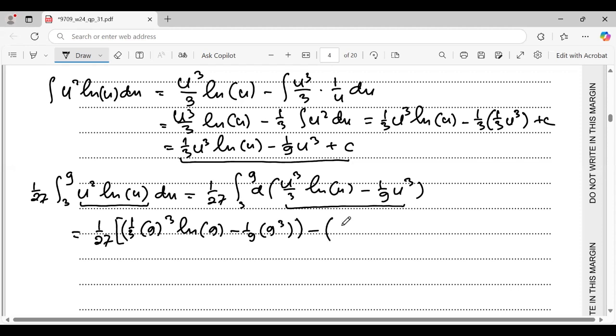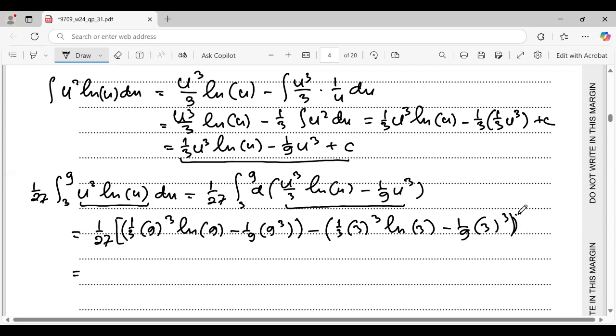So that minus, substituting 3: 1/3 times 3 cubed ln 3 minus 1/9 times 3 cubed.